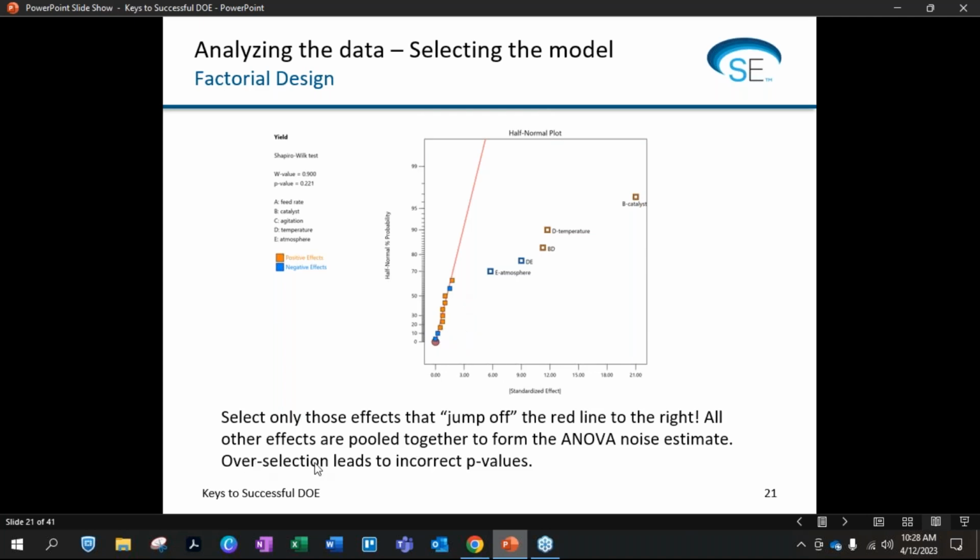Over-selection of the terms in the model leads to incorrect p-values, because p-values are formed from the F's, and the F tests are basically comparing these selected terms to the unselected terms. So you need to have a good remainder in the residual in order to get good tests.